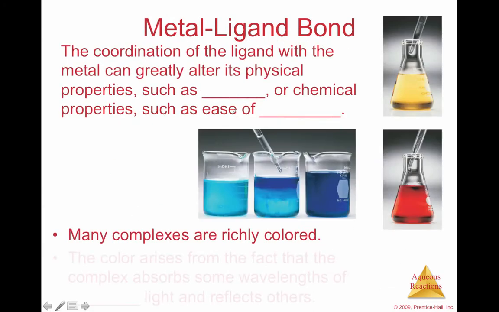As you can see, the metal-ligand bond is greatly altered depending on what type of ligand is bonded to the metal. You can see difference in properties such as color or chemical properties such as ease of oxidation.